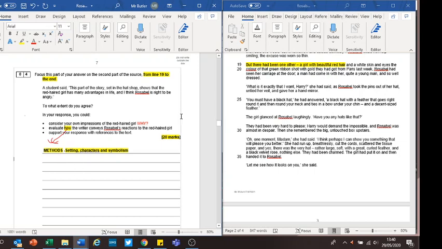Let's start with characters, because that's what the passage starts with. "But there had been one other, a girl with beautiful red hair and a white skin and eyes of colour of that green ribbon shot with gold they got from Paris."